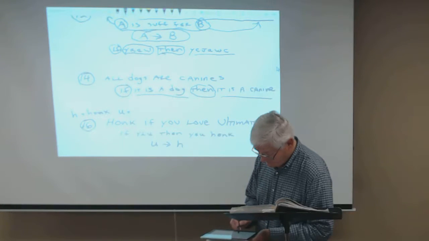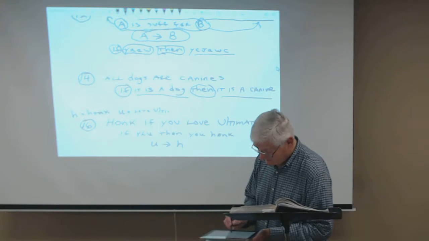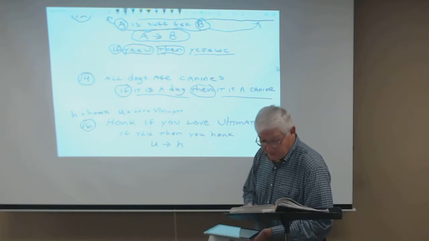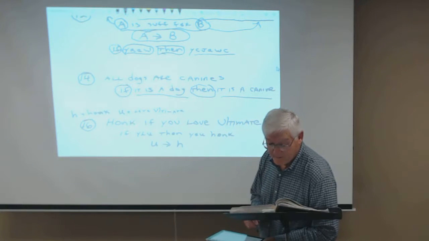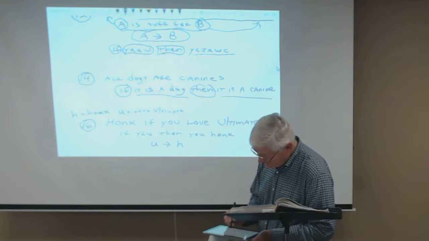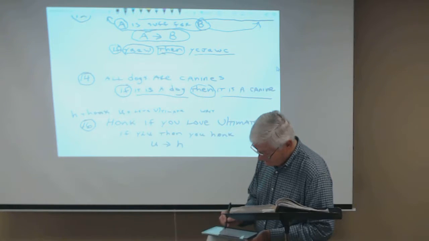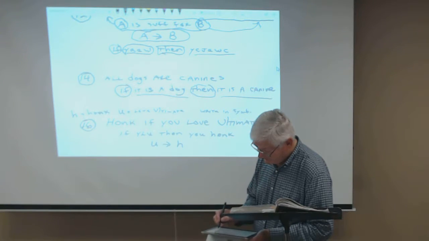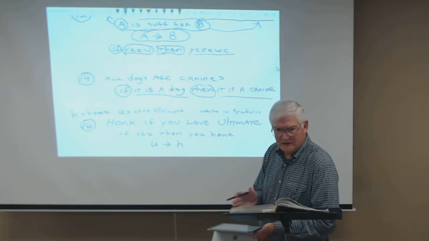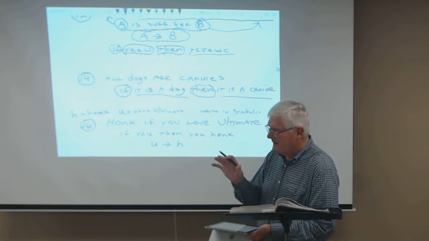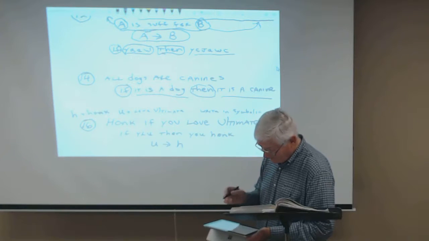You love ultimate. So number 16 says, and I'm supposed to write it in symbolic form. See how I have to put all this information down on my paper so I keep it in front of my eyes and in my head while I'm working through it?